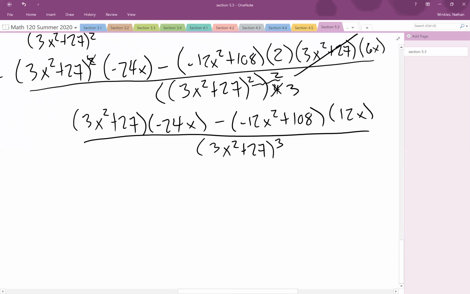There's no need for us to simplify this. We've already performed it. So this is our k double prime of x.